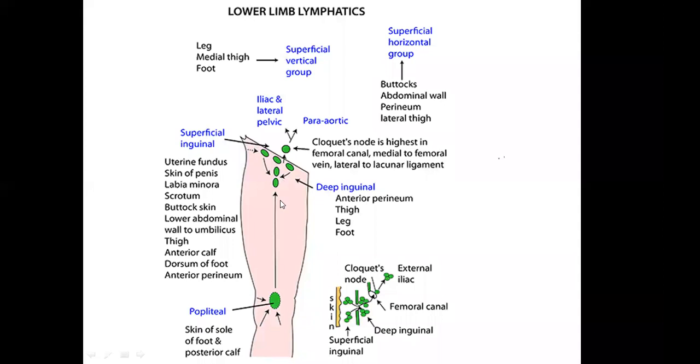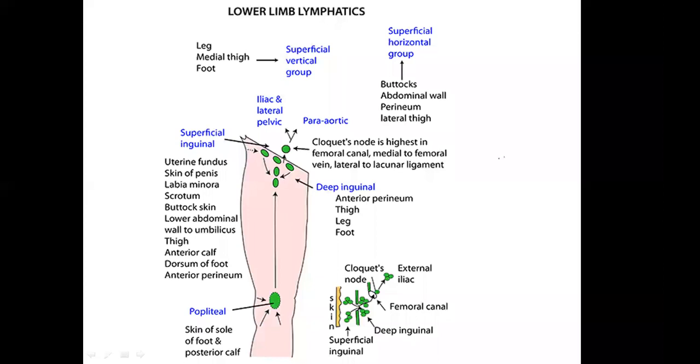So the superficial inguinal lymph nodes horizontal group drain the anterior abdominal wall below the level of umbilicus, the perineum, and the external genitalia in both sexes, excluding the testes. You should remember this, excluding the testes. Testes are drained by the para-aortic lymph nodes in the abdomen.